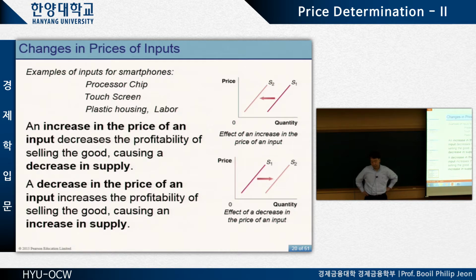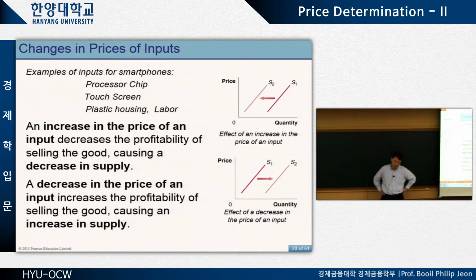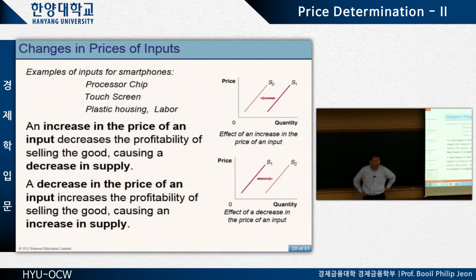So smartphone, for example, we can think of possible inputs like processor chip, touch screen, plastic housing, labor, or some other things. I'm sure there are many other things required to produce smartphones, like utility or whatever, right? All right. So let's say price of labor goes up. What's price of labor?